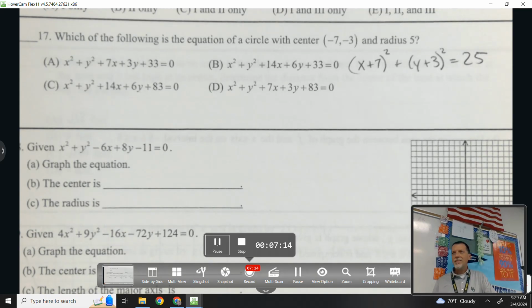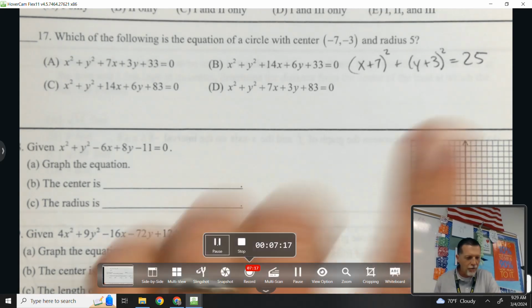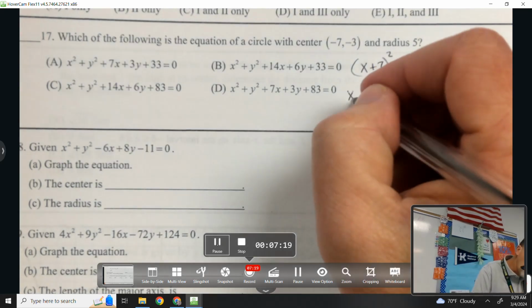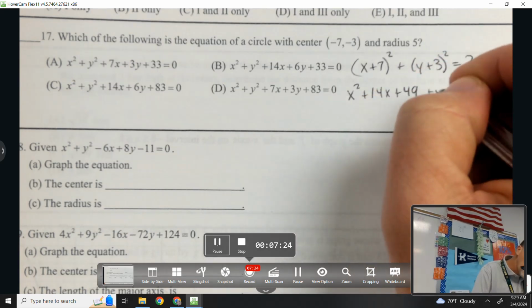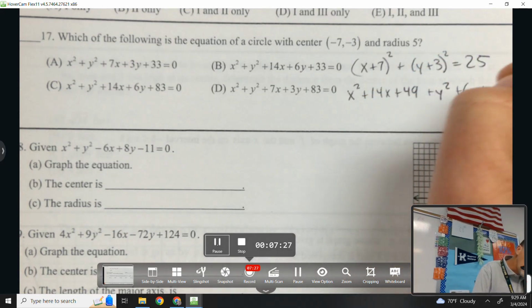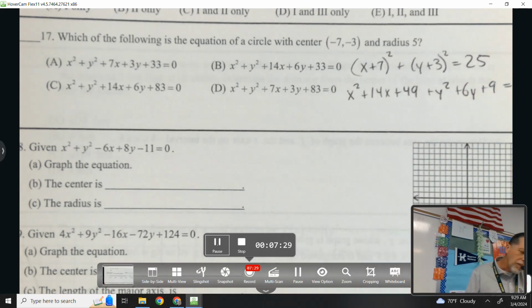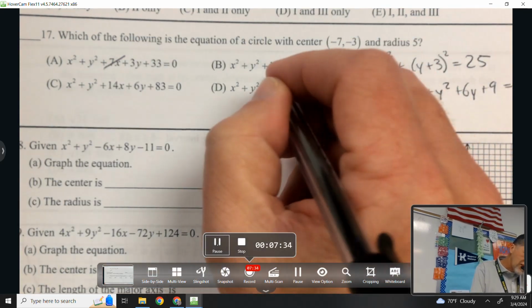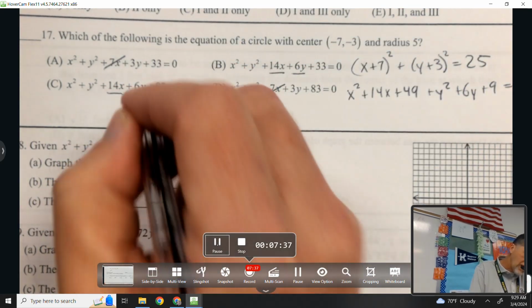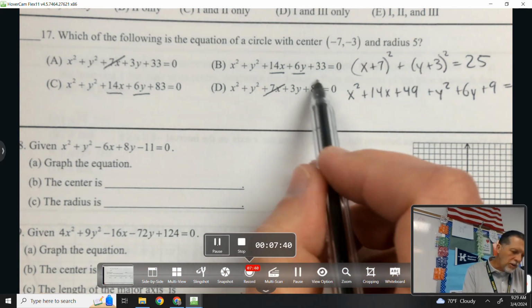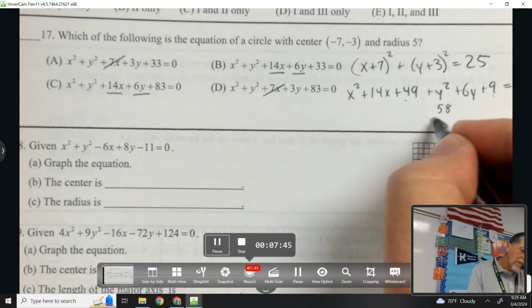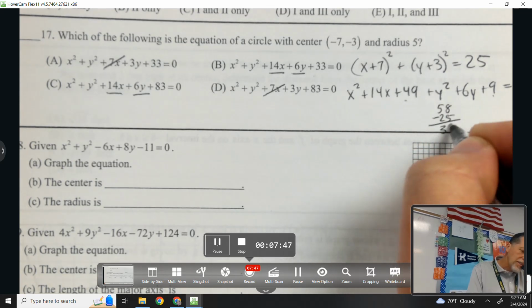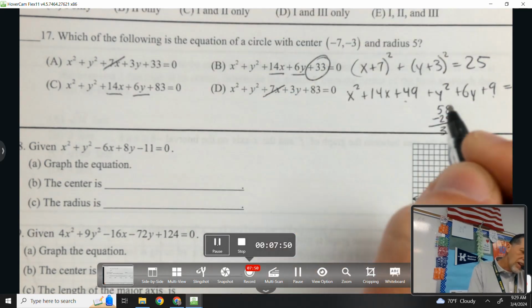You could work this one forward or backwards, but working it forward is much quicker. So x squared plus 14x plus 49 plus y squared plus 6y plus 9 equals 25. So I need 14x and 6y, and I need to figure out what that last number is. 49 plus 9 is 58, minus 25 is 33. So answer choice B.